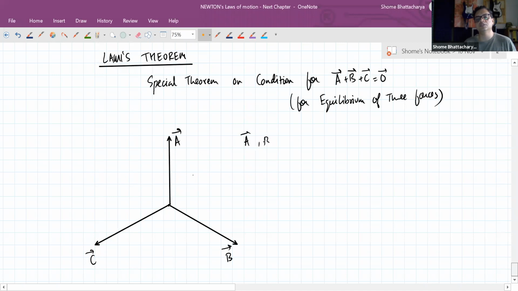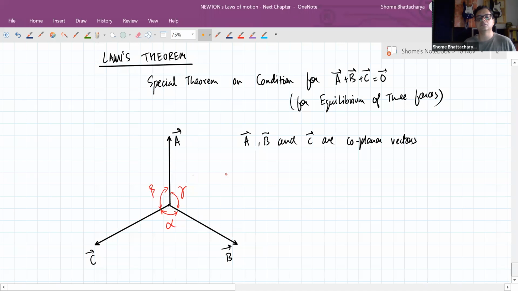So A, B, and C are coplanar vectors, such that the angle between B and C is denoted by alpha. The angle between A and B is denoted by gamma, and the angle between A and C is denoted by beta.